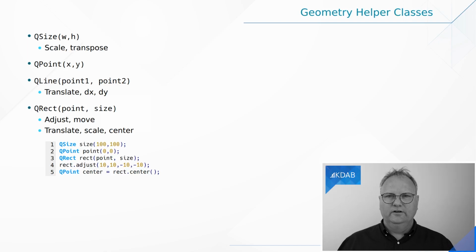So I can start drawing the whole rectangle here with this size completely black, and then I'll take my rect and adjust it 10 pixels in from each side, from the left and top, and from the right and bottom I also adjust 10 pixels in. So now we have taken 10 pixels on each side, and using that I can draw my pixmap, which then gives me a huge black frame around my image.